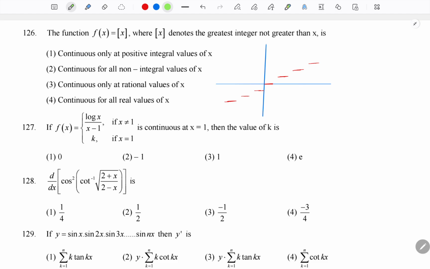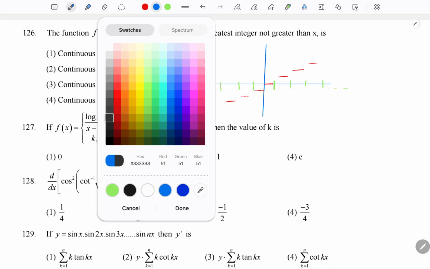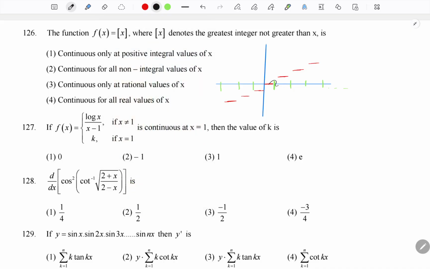And observe, students, the function is clearly discontinuous exactly at integers, say 1, 2, 3, 4 and so on, and also -1, -2 and -3. And where is the function continuous? I will show you. Here the function is continuous, here continuous, here continuous, here continuous.